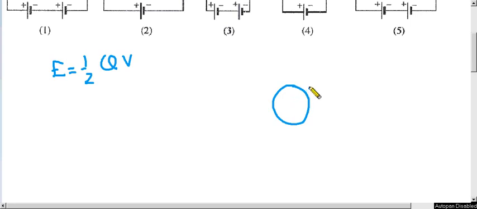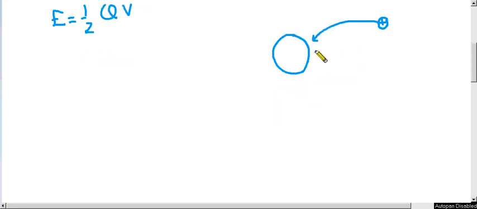Initially this object has no charges. The first charge we bring from infinity to load this object is easy, because nobody repels or attracts. Very easy. Then that charge is here now.